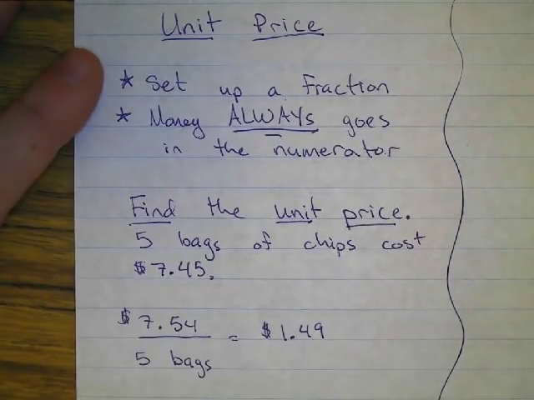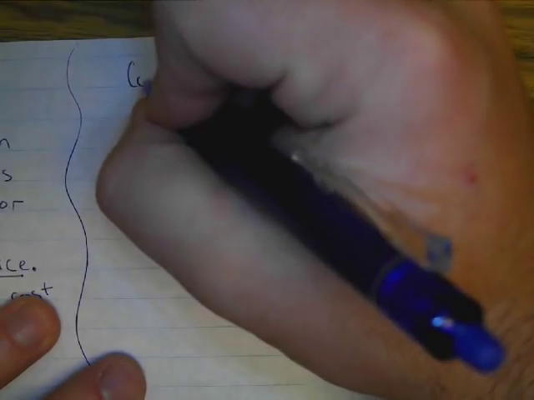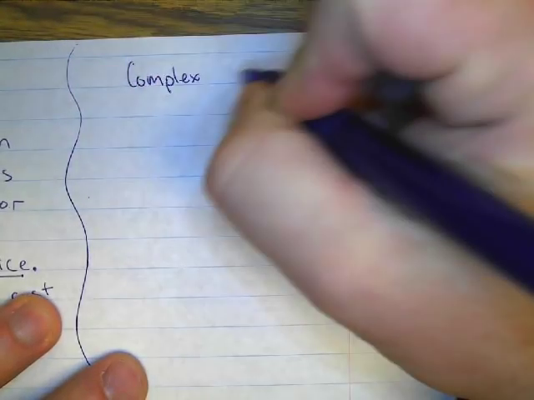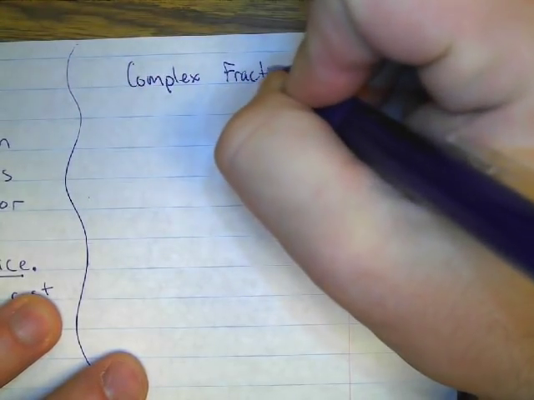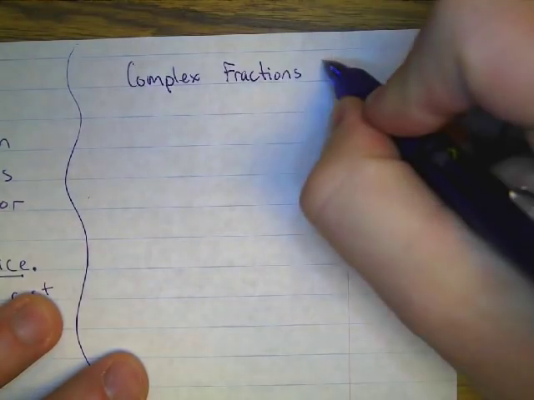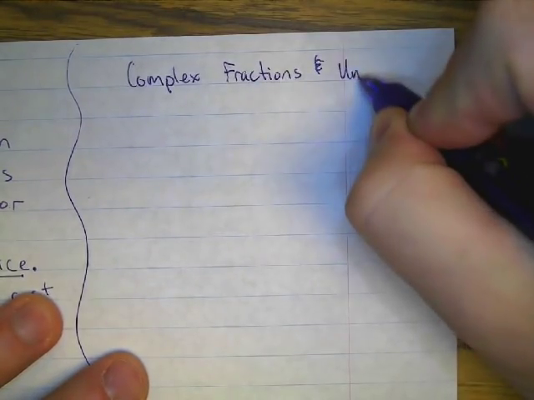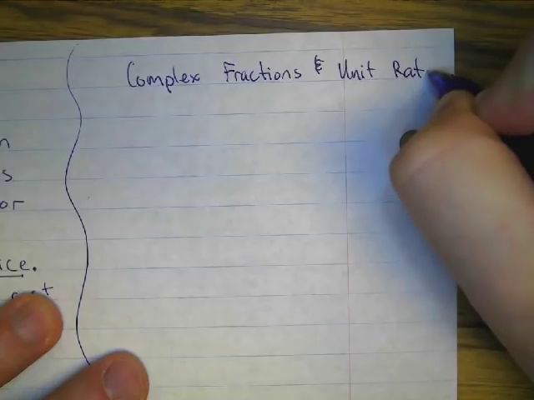So that's how we can find unit price. Now let's look at complex fractions and unit rate.